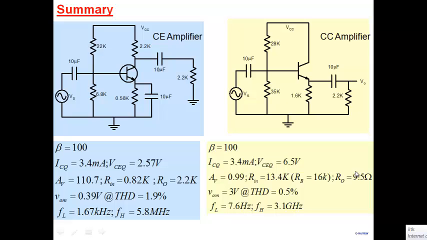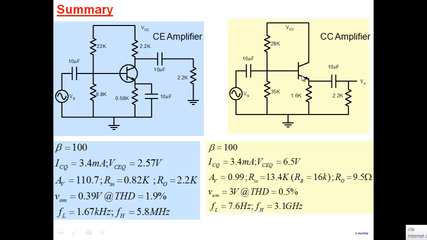So those are the characteristics of this particular amplifier. And common base we have already seen earlier. Common base also gives you higher bandwidth, gives you a gain, but gives you a very low value of Rn. So we've seen now 3 amplifier configurations: common emitter, common base, and common collector.